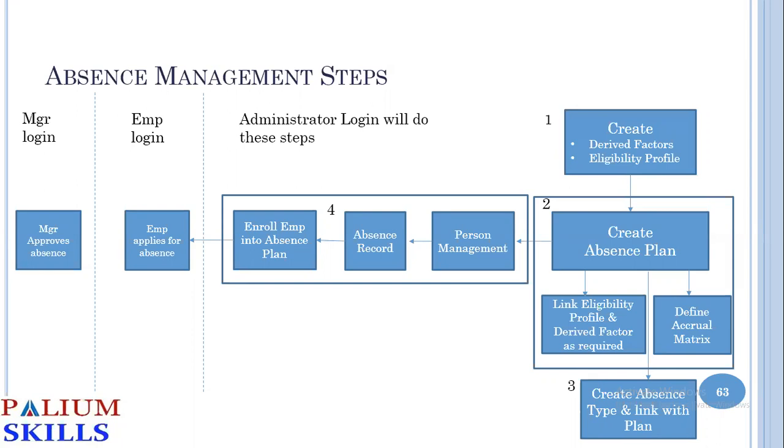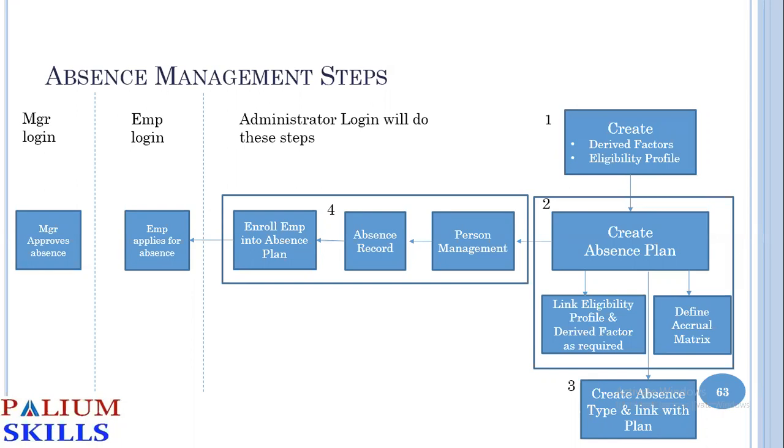So all those things are defined in the absence type, and in step 3 we will link the absence type with the absence plan that we have created in step 2. Once these two are created, we will link the absence plan to the person. Through the person management window we'll go to the absence record, and we will enroll the employee into the absence plan.